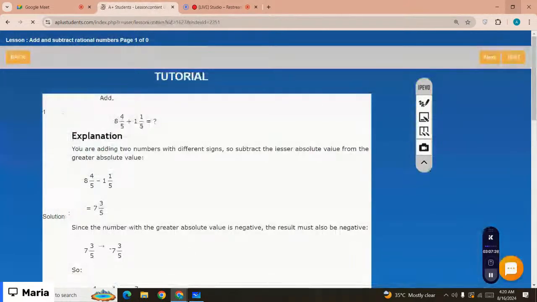Let's start with the first one, that is negative 8 whole 4 over 5 plus 1 whole 1 over 5. Let's see how we add.